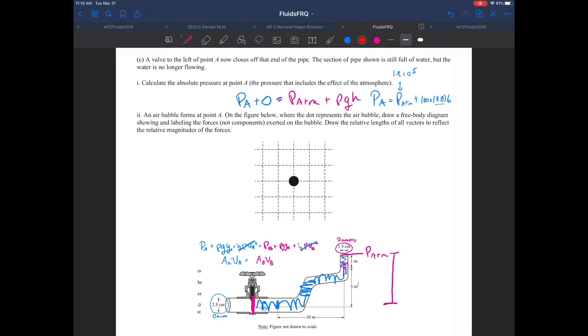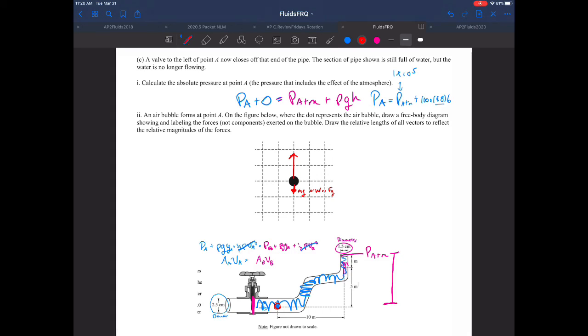All right, next let's look at this air bubble forming. An air bubble forms down here. Now what happens to air bubbles? They're very light, so we're going to draw a very small mg. You may also label this with a W or FG. Those are acceptable labels. Now, bubbles experience a lot of buoyant force. Why? Because they have a very large volume, so they can displace a lot of water.